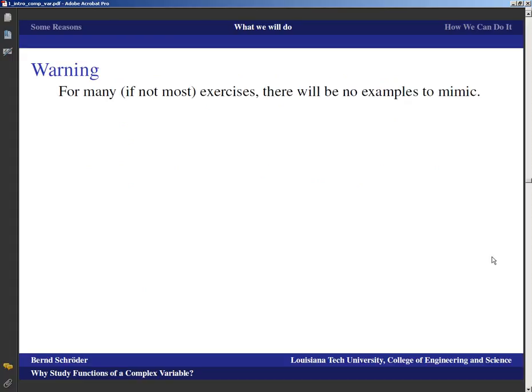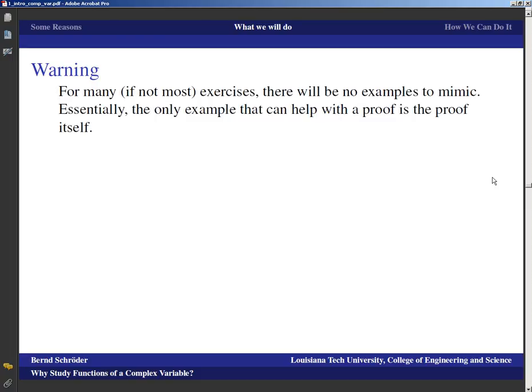Big warning there. For many, if not most, exercises in this course, there will be no examples to mimic, and that is because the only example that can help with a proof is the proof itself, and similarly with the computations, often the only example that can help with certain computations is the computation itself.